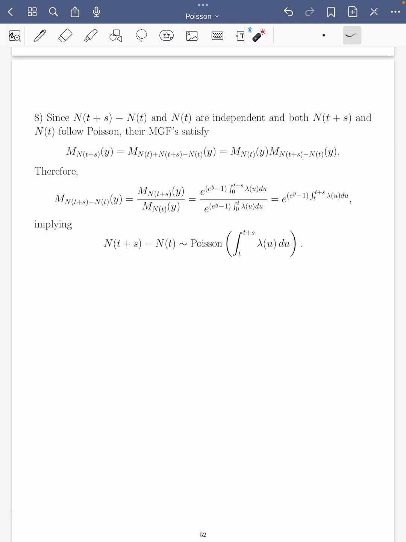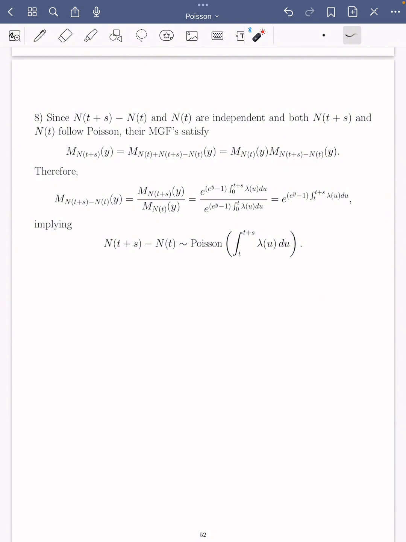Due to the independent increment condition, we know that N_{t+s} minus N_t and also N_t are independent. And both N_{t+s} and N_t follow Poisson distributions, so their moment generating functions satisfy this condition. The moment generating function for N_{t+s} is equal to the moment generating function for N_t times the moment generating function of N_{t+s} minus N_t.